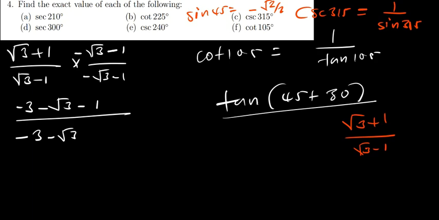Negative 1 times negative 1 is plus 1. So then on top, I will end up having negative 4 plus or minus root 3 divided by this, and that will cancel, so I'll end up having negative 2.